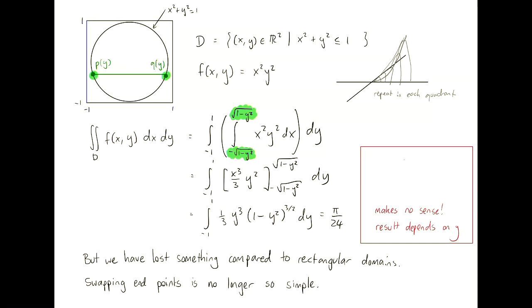Wait, sorry? Oh, did I evaluate it? That does make more sense. Yep. It does seem likely. We can all check integrals after the fact. Point being, you evaluate the inside integral first, and it gives you a function of y. No, I don't think I have evaluated it.